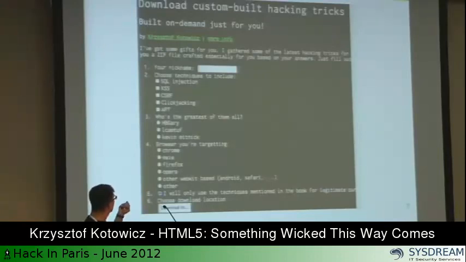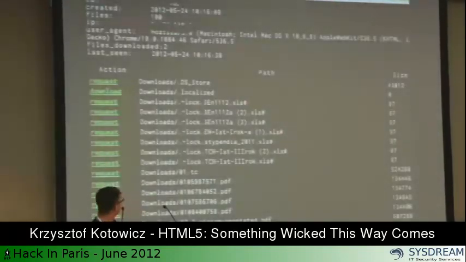And as soon as he fills out this form, I'm saying that I will download him a personalized hacking tricks document. Just choose the download location. He presses it. His operating system displays the choose folder dialog. He chooses the folder, and I get access to all those files. This is a screenshot of a command and control center for the application. As you can see, there are some PDFs, XLS files, and so on and so on.